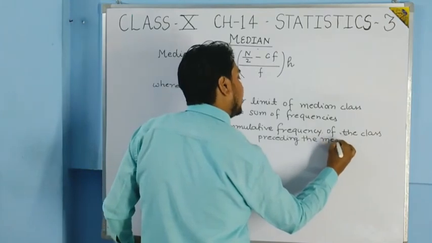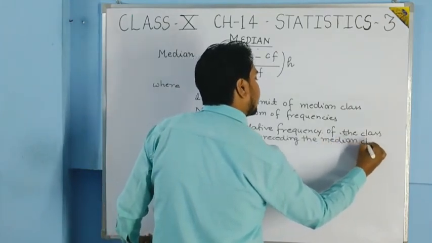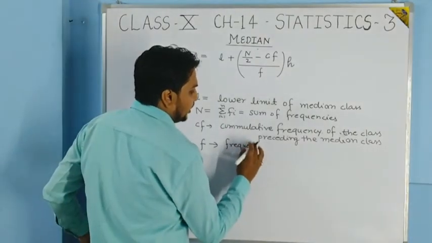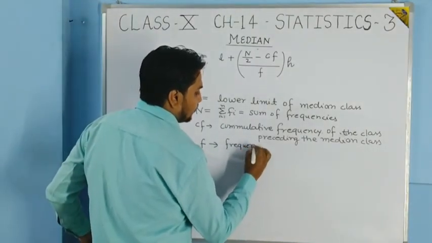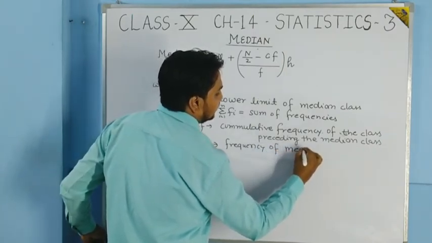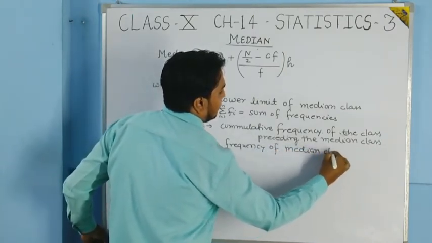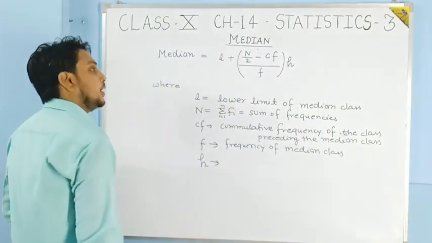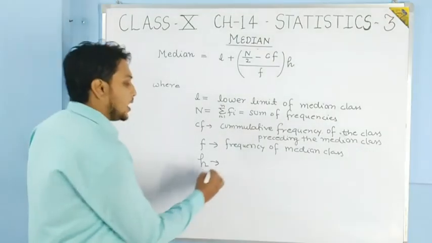F is the frequency of the median class. And h is the class size.